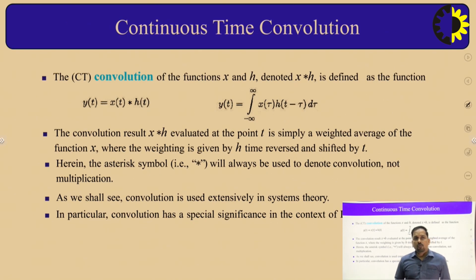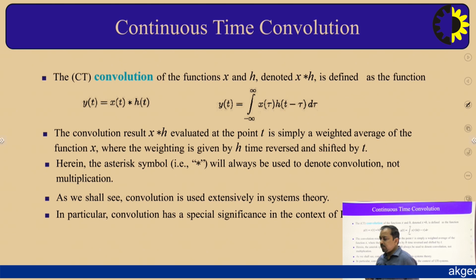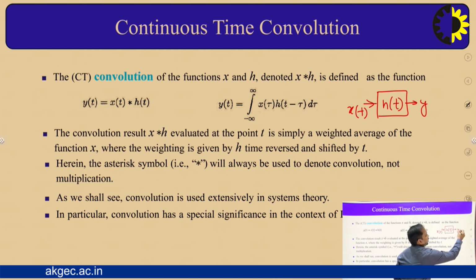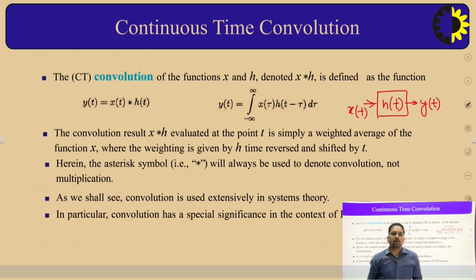Now the next question: let's say we have a system with an input x of t, and the impulse response of the system is denoted by h(t), and the overall response of the system is denoted by y(t).